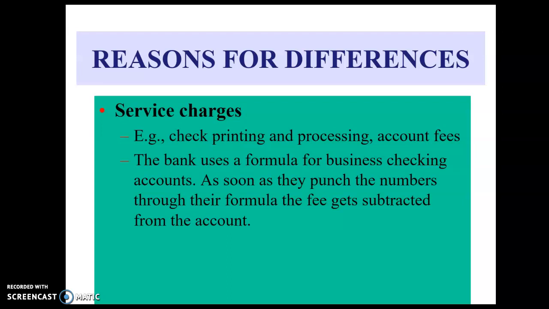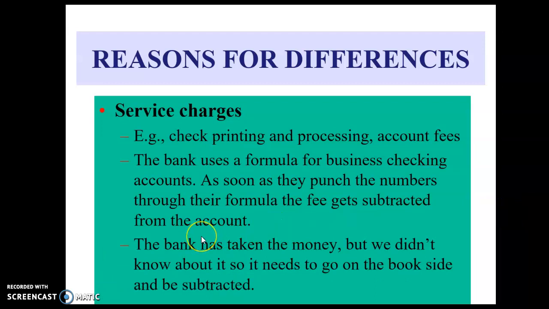That's going to tell them how much service charge they're going to charge us. So a small company that doesn't have too many checks going out or deposits coming in doesn't take up too much time of the bank and the bank tellers and people who process things, and so they're going to charge a smaller service charge. A big business that has lots of activity going through the bank is going to have a larger service charge attached to it.